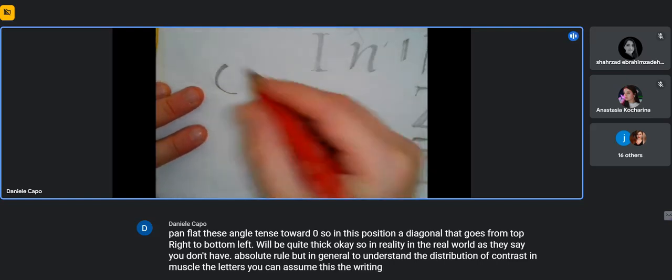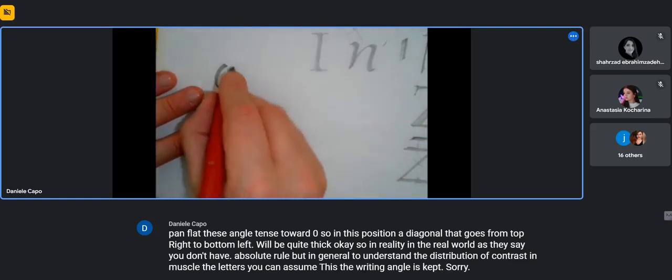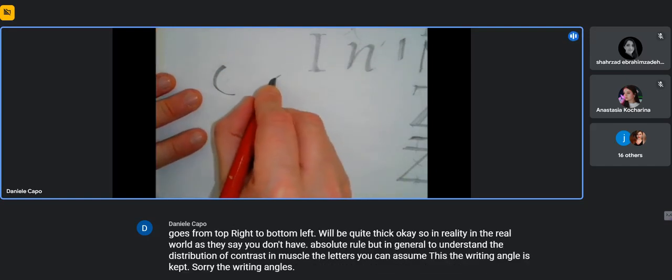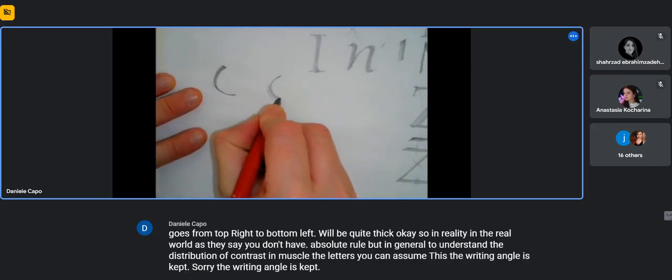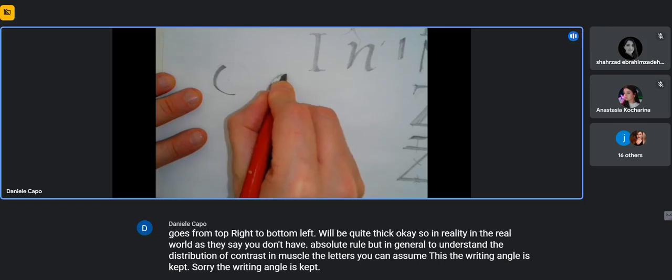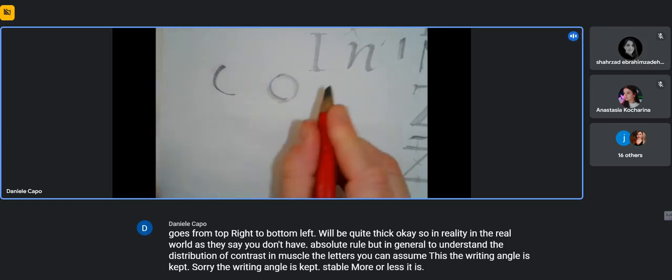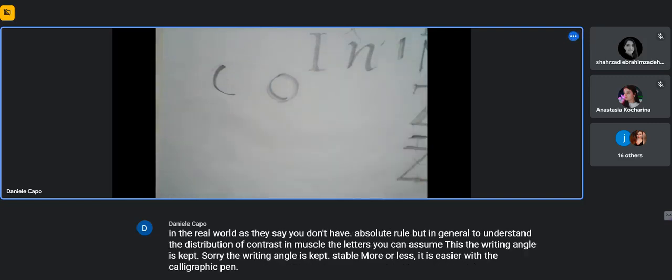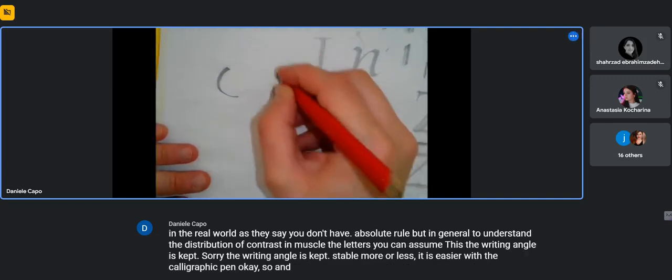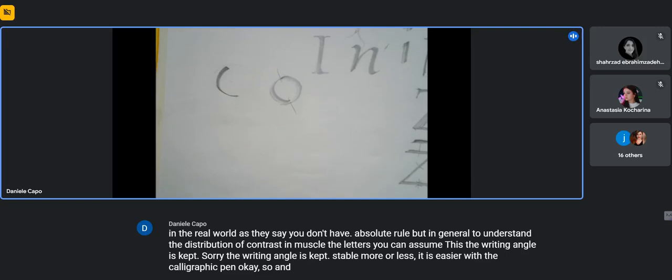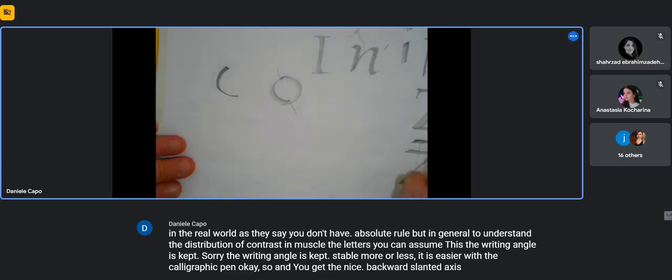The writing angle is kept stable, more or less. It is easier with the calligraphic pen, okay? And you get the nice backward slanted axis.